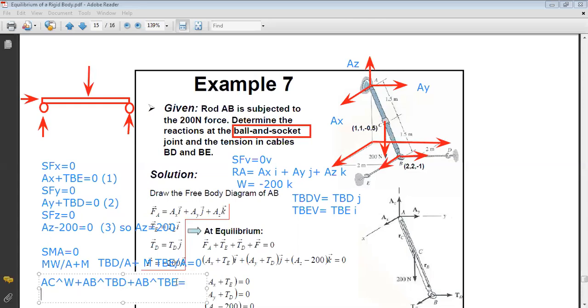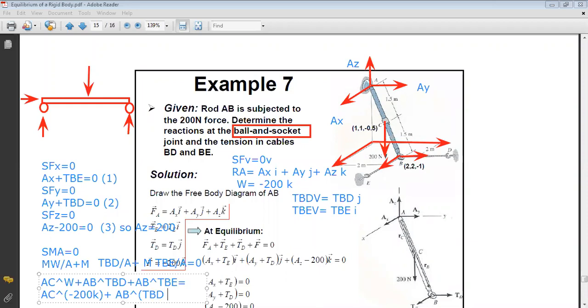Now, I have AC vectorial, and I will replace W by its value, which is minus 200K, plus, taking AB into factor, AB vectorial TBD vector, and TBD vector is what?